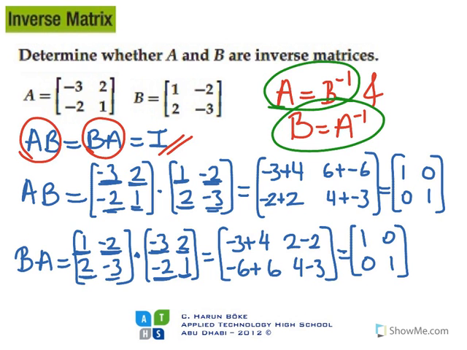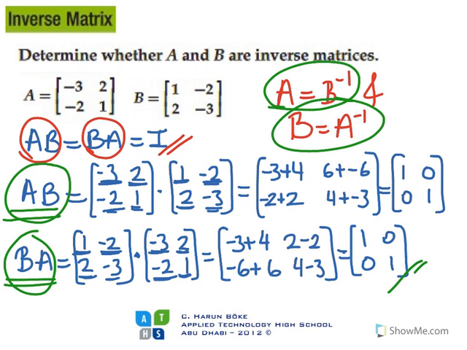But please notice that using the definition we should find the product of both matrices in both directions, meaning we have to calculate AB and BA, and show that in either case we get the identity matrix. Otherwise, just checking AB and finding the identity matrix is not enough to show that A is an inverse of B or vice versa.